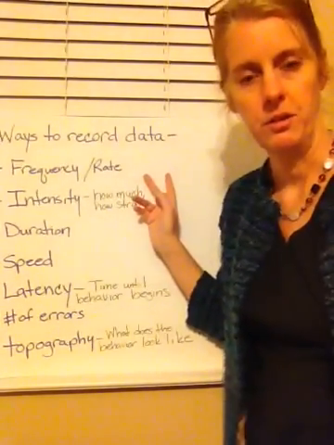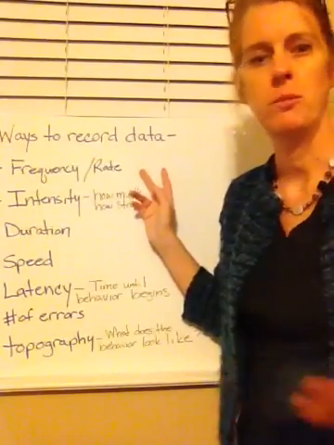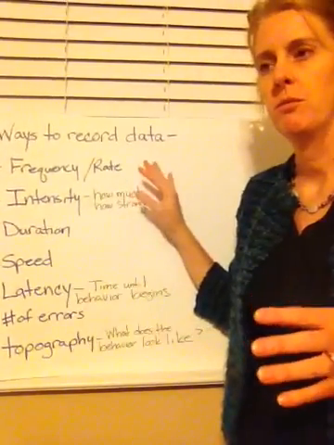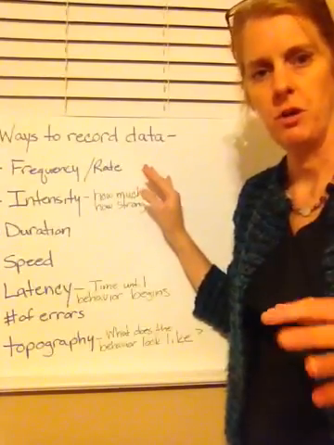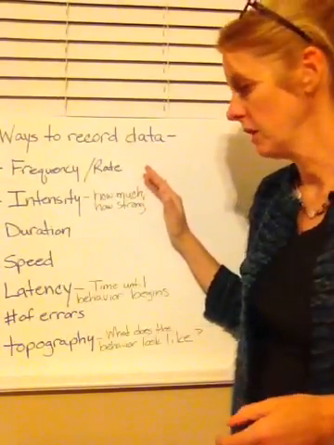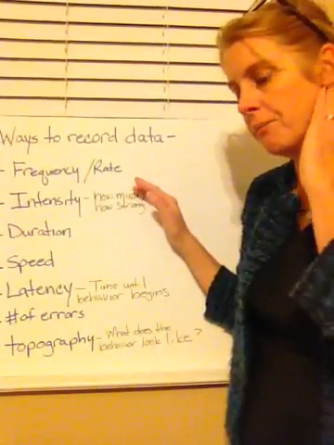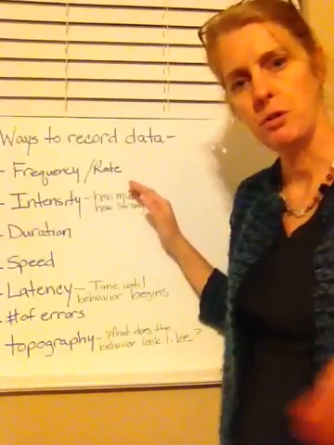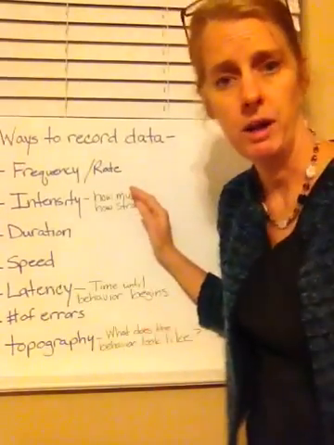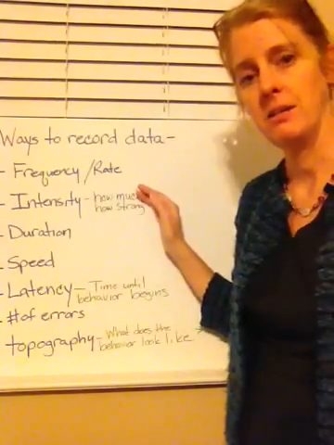Are you a good dancer? That has to do with how you look when you're dancing. Or gymnastics, we're scoring the gymnasts on how they look when they do their tricks and flips. It could also be something like, do you eat with a fork, with chopsticks, or with your hands? That would be topography. What does the behavior look like? And I can take data on that.